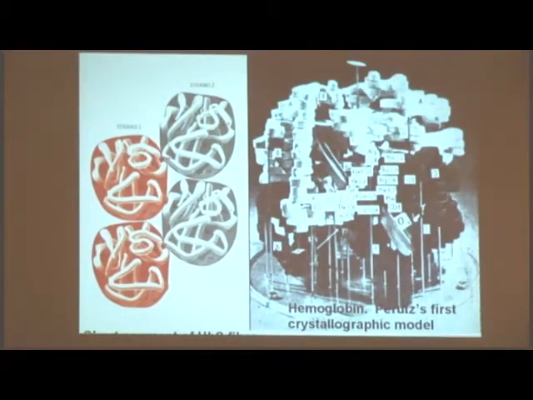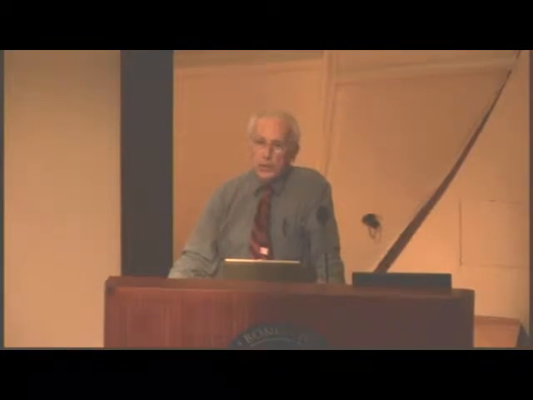This is a picture of the detailed molecular structure of proteins, which was not known 50 or 60 years ago. The first direct information came from X-ray crystallography. Two studies: Max Perutz in England discovered the structure of hemoglobin, that is that structure, and John Kendrew discovered the similar structure of myoglobin, which is the muscle protein, which is somewhat like hemoglobin.